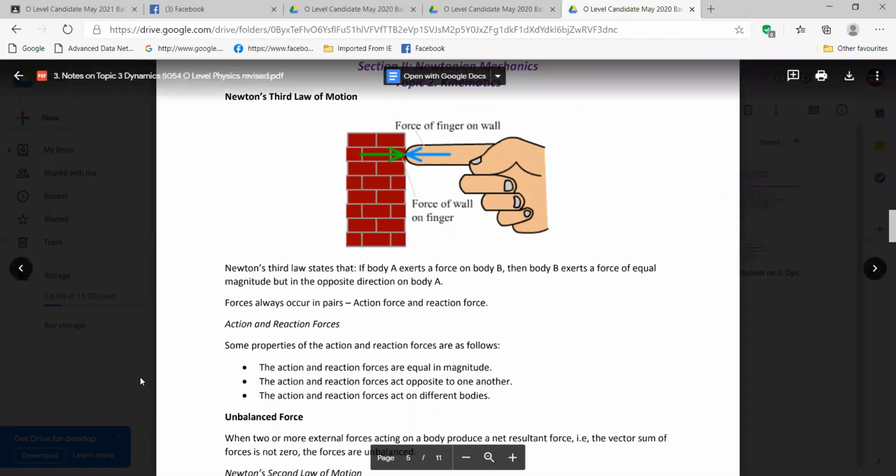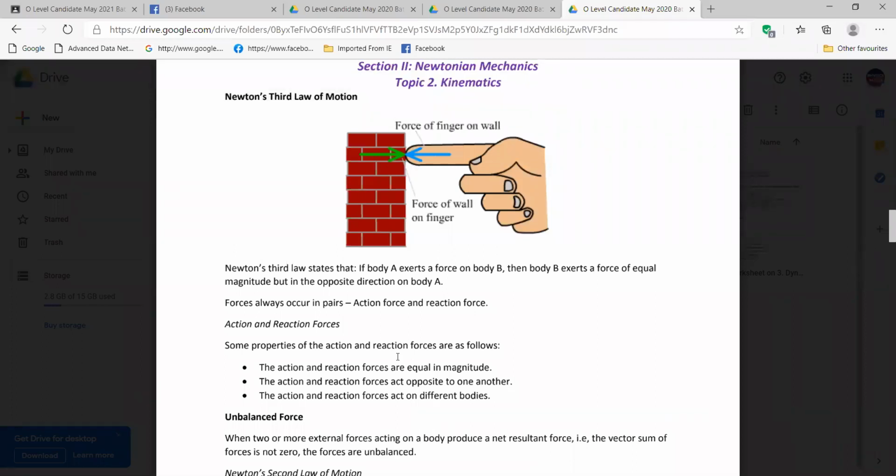So, sir, what is the difference between the first law and the third law? There is one similarity and one difference. That one you have to understand first. The similarity is that in the first law and the third law, both have balanced force.